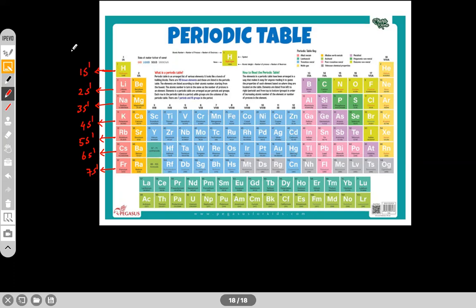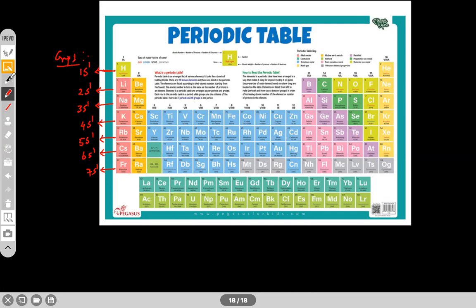This I have written for group 1, only for group 1. Right. So if you know the position of the element, you can directly write down the outermost electronic configuration. You don't have to draw the entire electronic configuration. Similarly, for group 2, beryllium belongs to the second group, 2s2. Third period, 3s2. Fourth, 4s2, 5s2, 6s2, and so on. Okay.